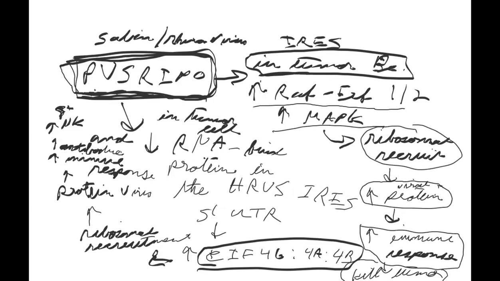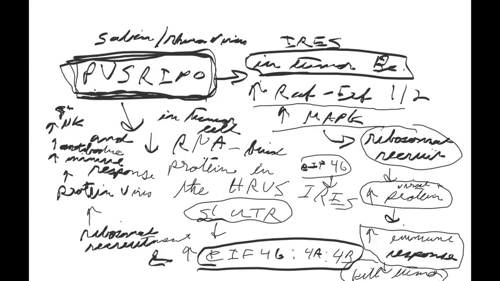Okay. And then the other pathway is the RNA binding protein. The RNA binding proteins in the tumor cell will go down because it needs to do protein synthesis, right? And then you'll have this binding of the EIF4G complex on the IRES in the 5' untranslated region, right?